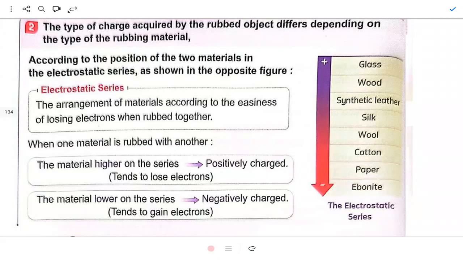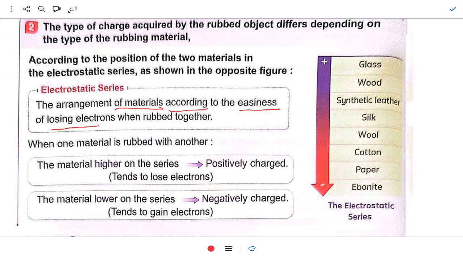Let's move to another thing. Let's move to the electrostatic series. This series is the arrangement of materials according to the easiness of losing electrons when rubbed together.